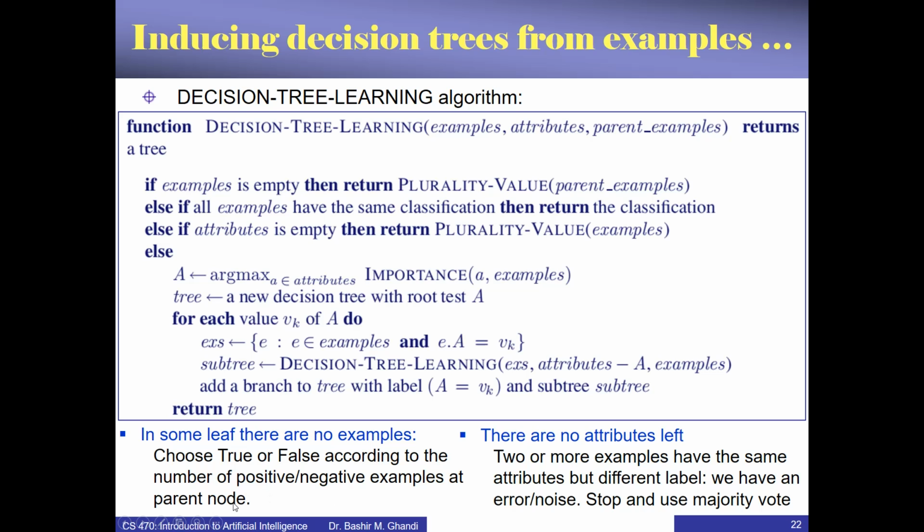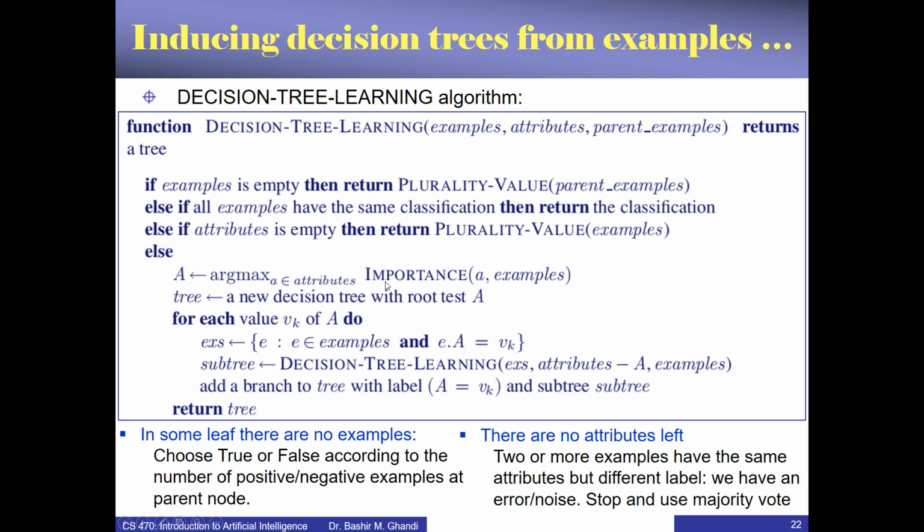So we're going to terminate at this point based on which of the 2 options is more in the parent node. If the parent node has more false, then we will return false. If it has more true, then we will return true.